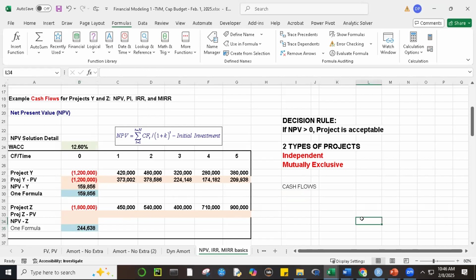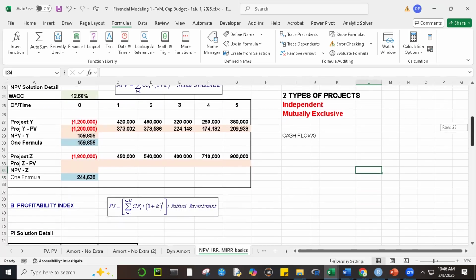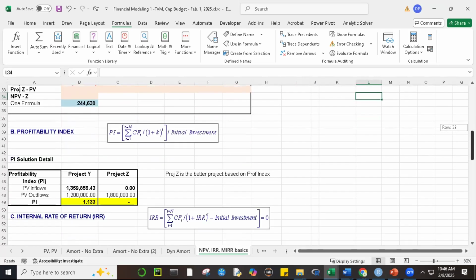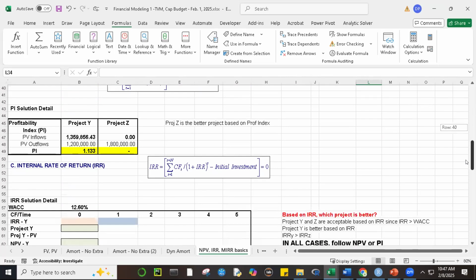So is there a way to determine which project would be more feasible based on NPV, and yet they have different initial investments? So I'd like you to research on that, okay? I will not answer that now, but maybe that will be question 2 of your assignment, also quiz.